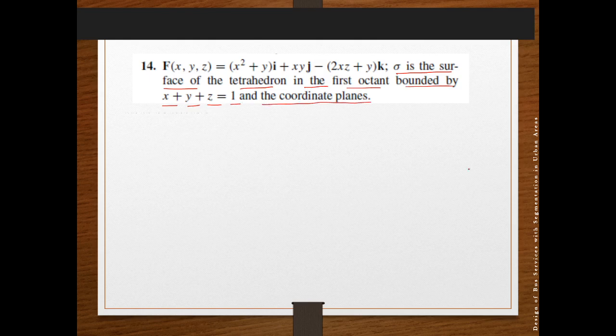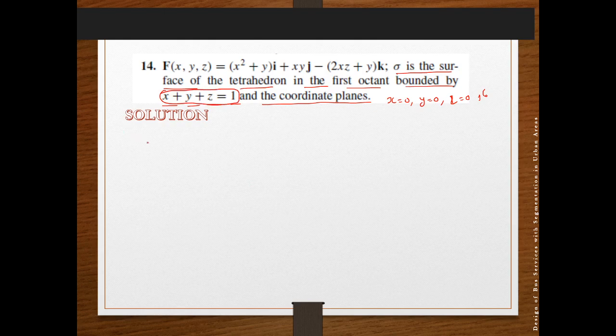So tell me, what are the coordinate planes? The x equal to 0 plane, y equal to 0 plane, and z equal to 0 plane. And it is also bounded by the surface x plus y plus z equal to 1.